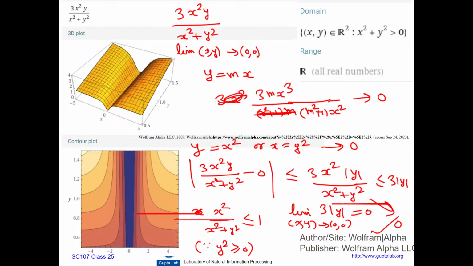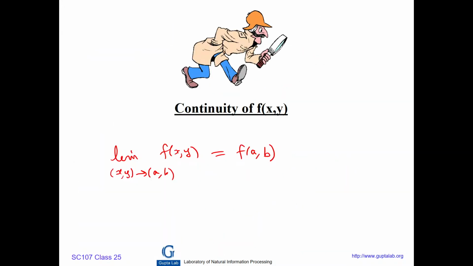So if you take the limit, this portion is 0, right? And x square divided by x square plus y square is less than or equal to 1 because of that inequality. So essentially the absolute value is less than or equal to something going to 0, which means the limit is 0, when x, y tends towards 0, 0. Okay, so the limit is done.